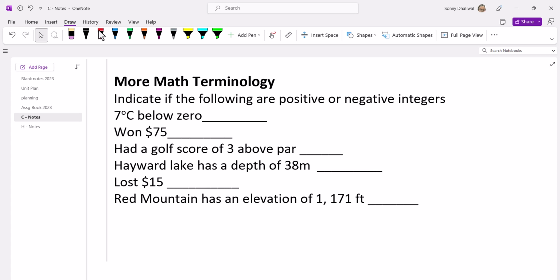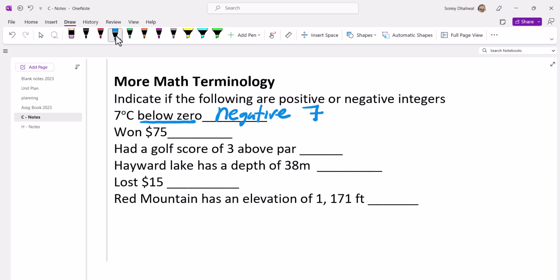Bryce, negative. So this 7 degrees below is referring to negative 7 degrees. Maybe I'll write down negative 7 to be more explicit here. Just so you know, you can put a -7 if you want. I just want to really highlight it.